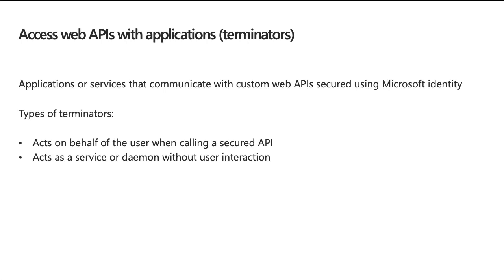Daemon apps authenticate with Microsoft Identity to obtain an access token and include the token in the authorization header value of each HTTP request to the web API. But before you can build applications that implement either the on behalf of or the daemon scenario, you must first create and secure the web API.